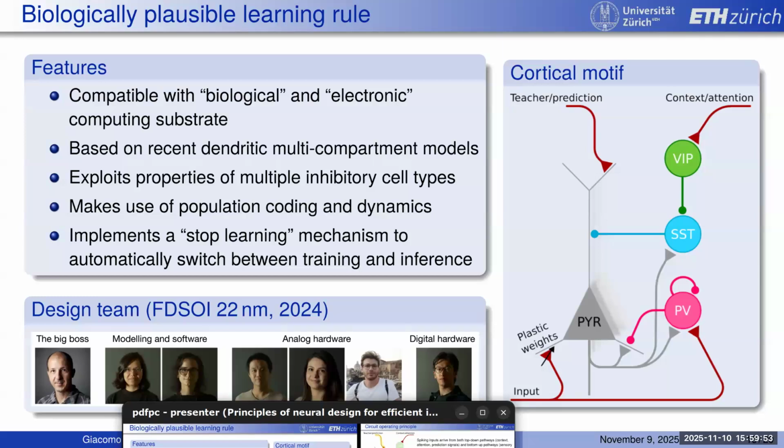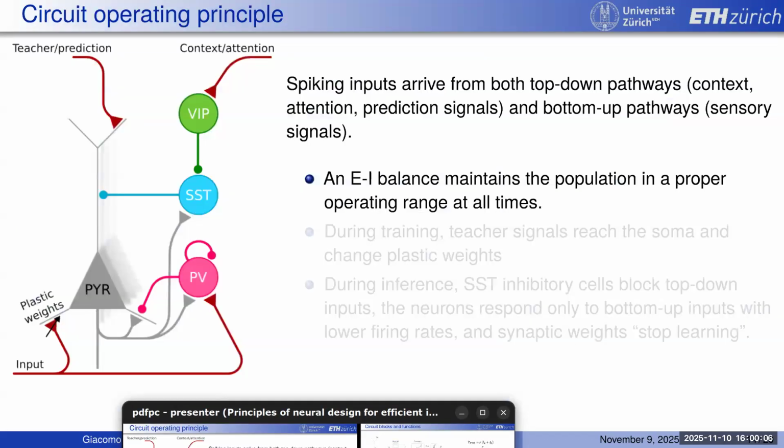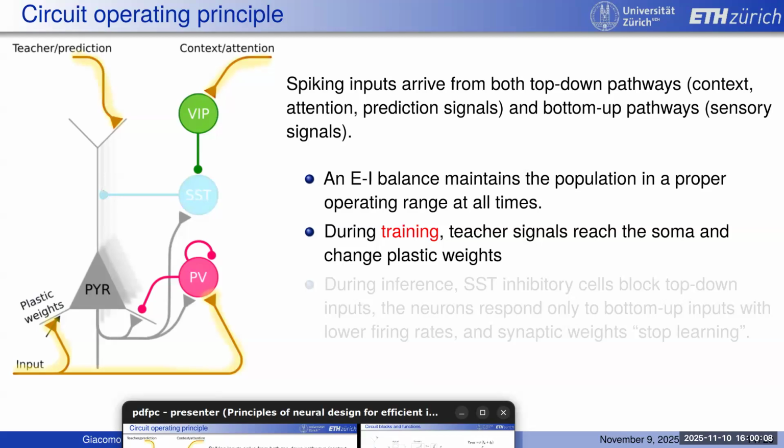This is a circuit that is always on the chip. Imagine it's a robot moving around, so there is no one telling it, now you have to train, now you have to do inference. It should understand on its own whether it should be in training mode or inference mode. And so the way it works is that as soon as you have some attention signal together with the teacher and your input, you can train the synapses.